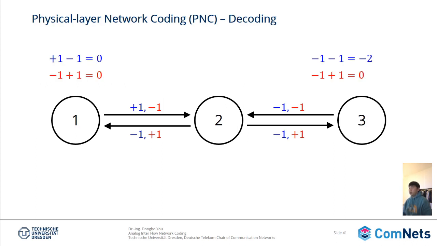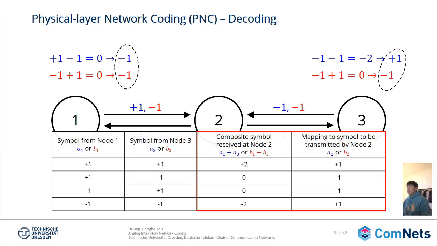Then node 1 and node 3 superpose the received signal with their own signal. Based on the mapping rule, as I explained, they do the remapping like in the relay node: 2 into +1, 0 into -1, and -2 into +1.